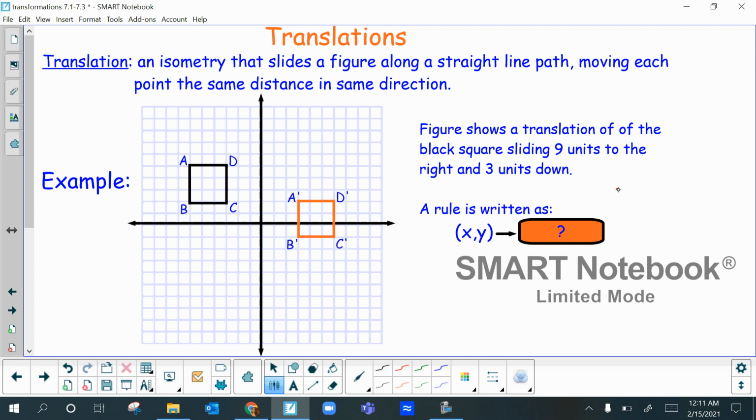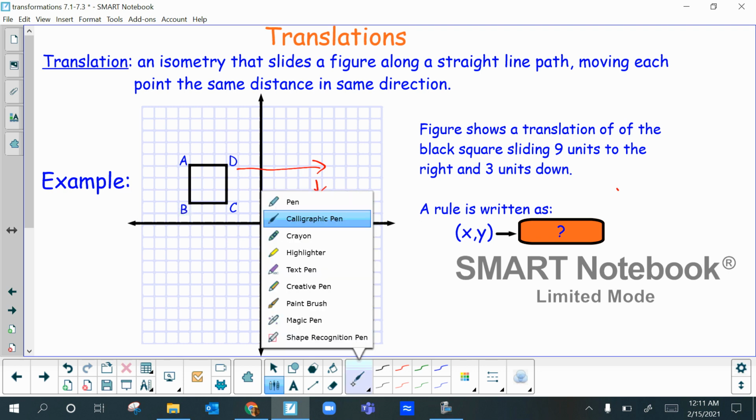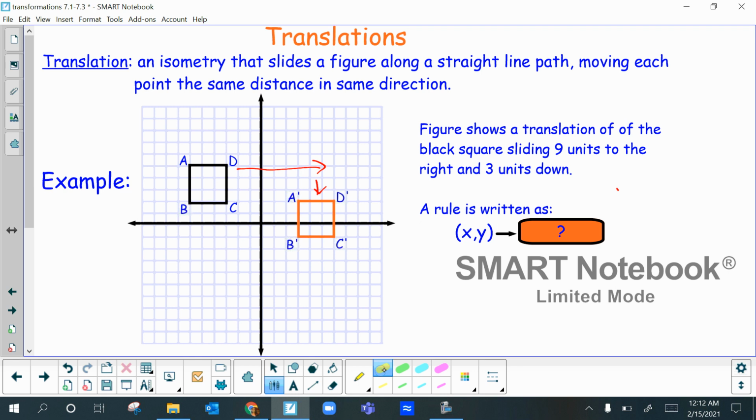And so here you can see it is sliding to the right and then down. And so you want to be particular about how many it slides over. So in this case, it says it's sliding 9 units to the right and 3 units down.